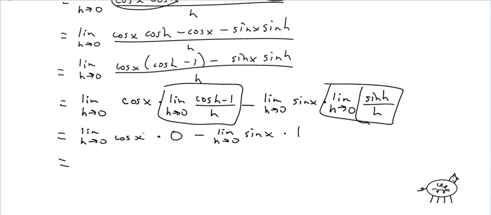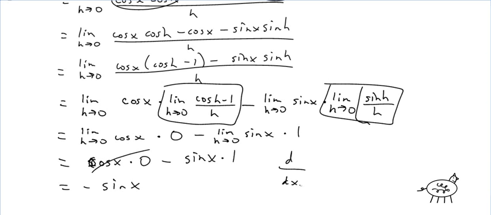So this is just going to be cosine of x times 0 minus sine of x times 1. So that goes to 0, and we have negative sine of x. So d by dx of cosine of x equals negative sine of x.